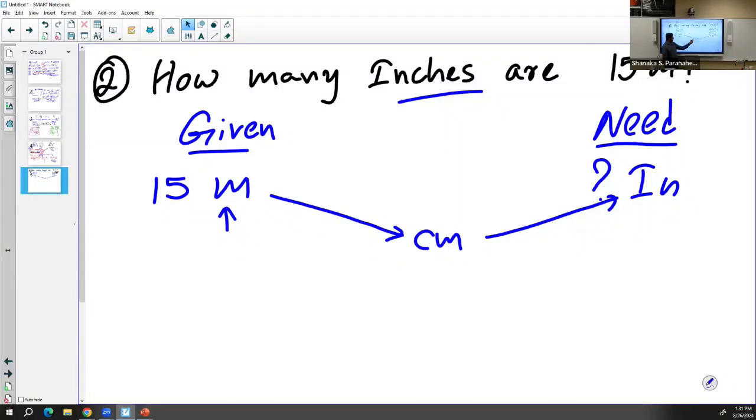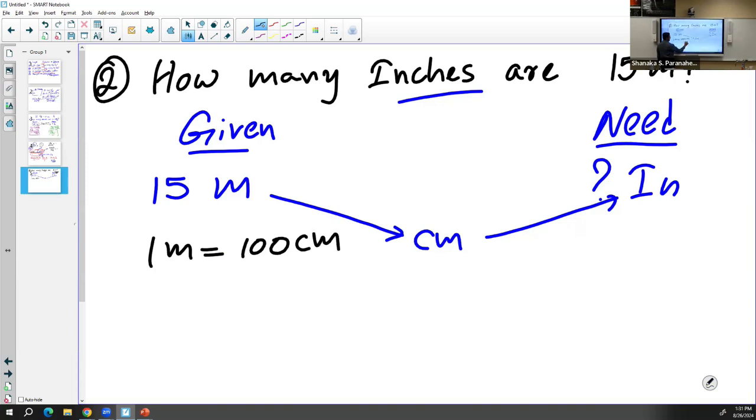So centimeter connects to meters through this equation: 1 meter is equal to 100 centimeters. This side is centimeters into inches, so we can use this equation: 1 inch is equal to 2.54 centimeters, and both of these values are exact.